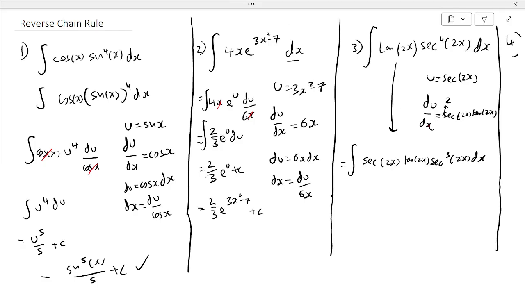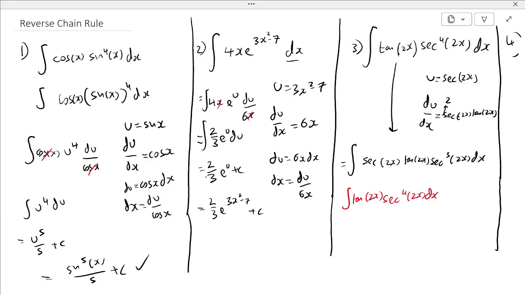Now hopefully you can see that the derivative of sec 2x tan 2x is right there. Okay? You don't actually even have to rewrite it like this. I've just done this to show you that the derivative really is there. Okay, so let's just go from the beginning now that I've convinced you that this is the correct thing to do for u.